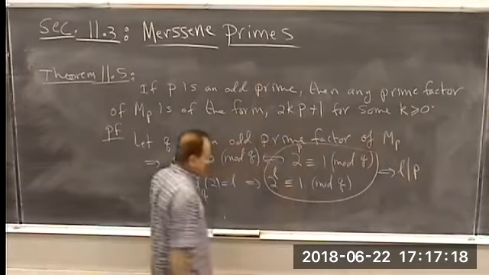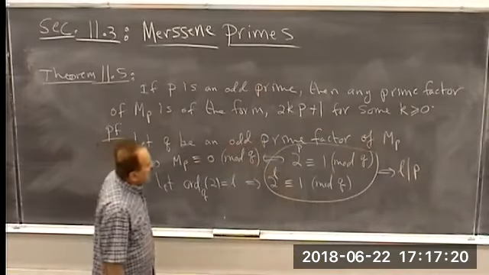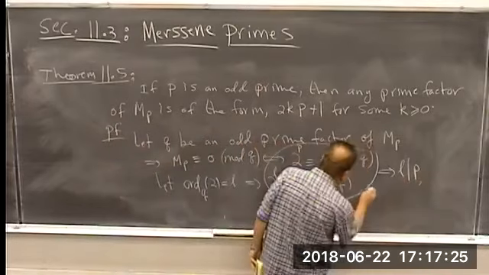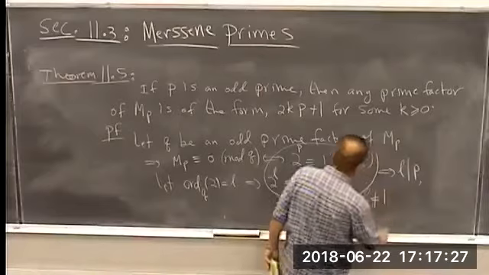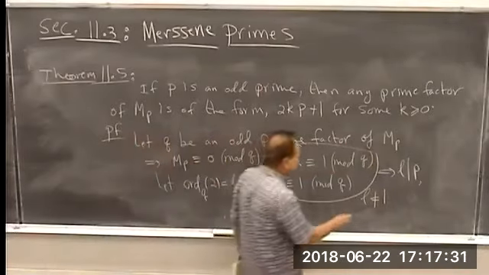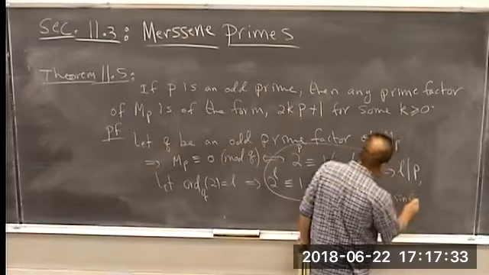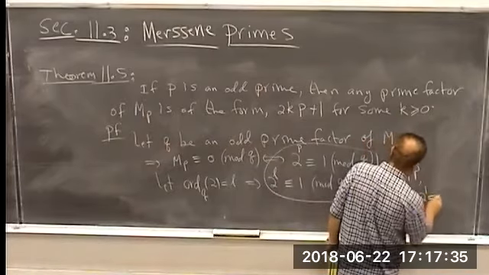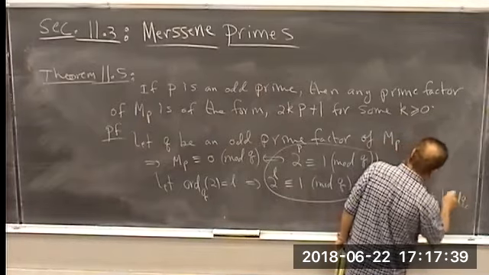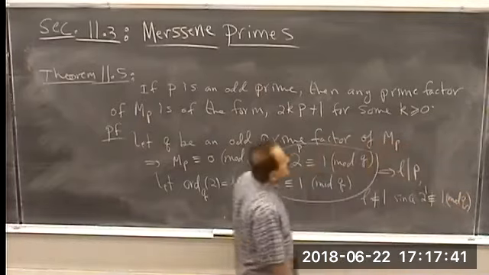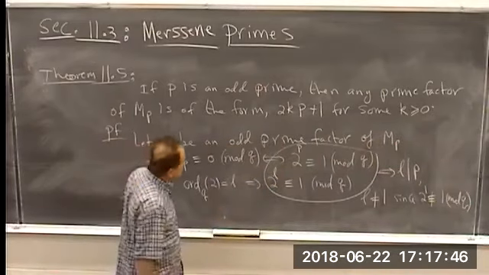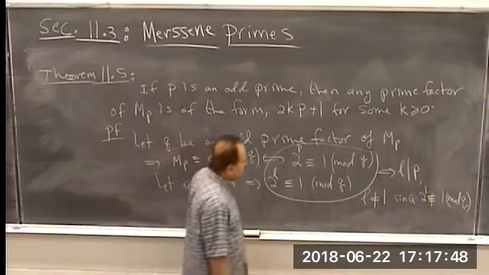Because the order is the smallest. All right? Also, we have L cannot be equal to 1. It must be bigger than 1, since 2 to the 1 is not congruent to 1 mod Q, because we are assuming Q is a prime factor, all right? So what does this mean?